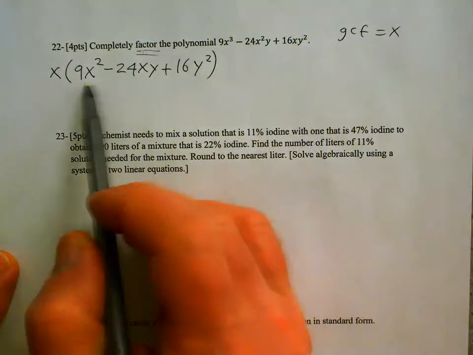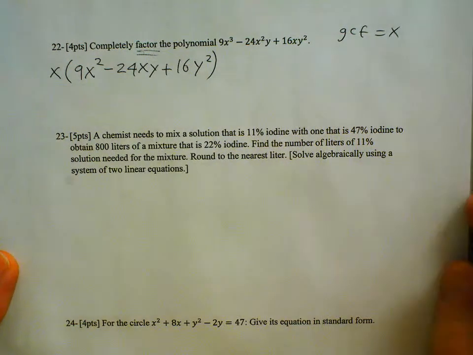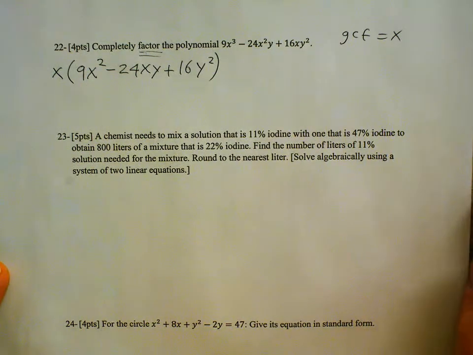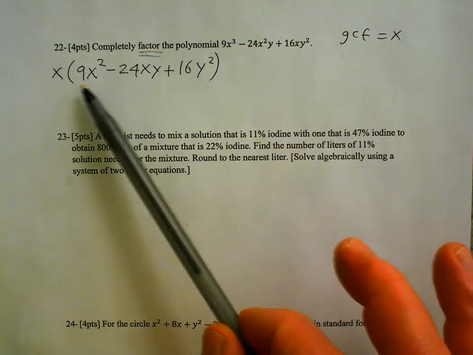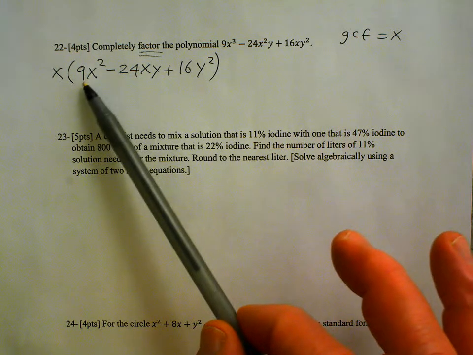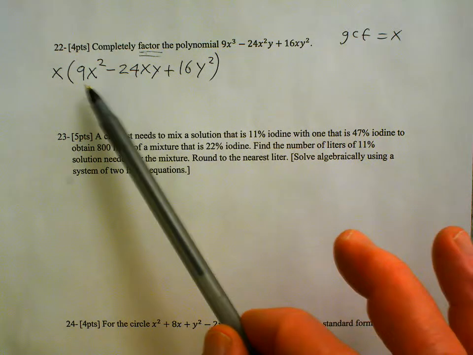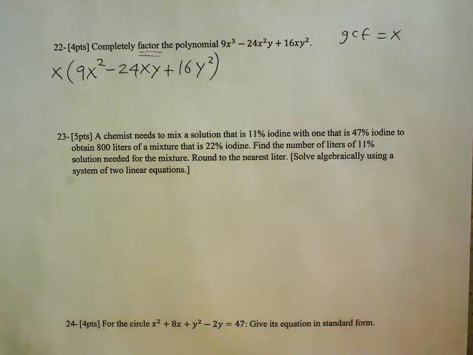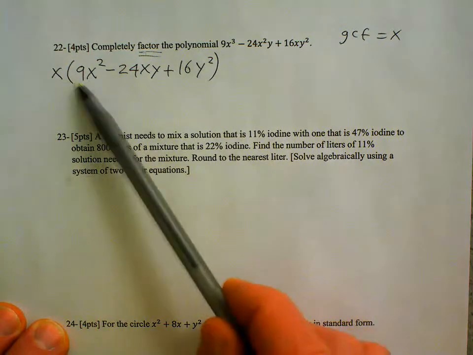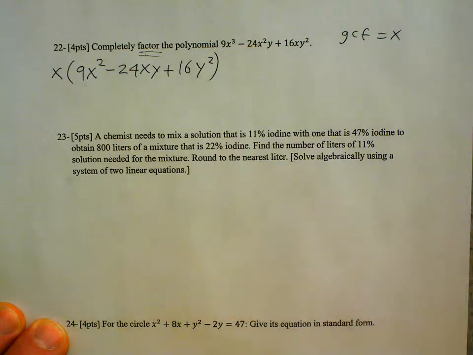Then we have to see if we can factor the trinomial inside the parentheses. Well, one way to go about it is to notice that this has the pattern of a perfect square trinomial. If you don't recognize that, you can still use the AC method.